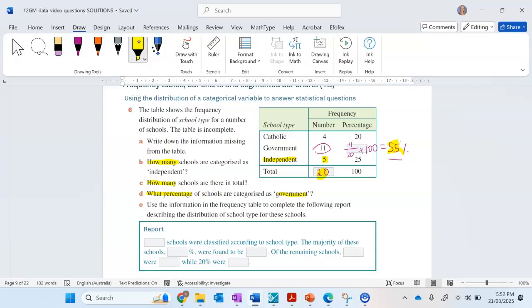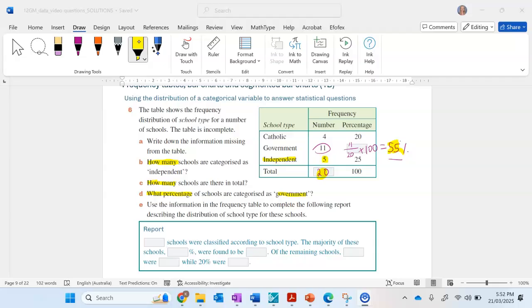We can see that more students go to government schools in this sample of 20. We've got 11 students at government, 5 at independent, 4 at Catholic. Or we could say that as a percentage. If we were comparing school types, say in Victoria, to school types in New South Wales, then we would calculate the percentage. It's always better to calculate the percentage.